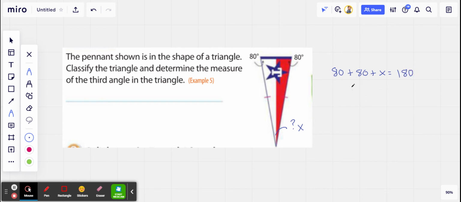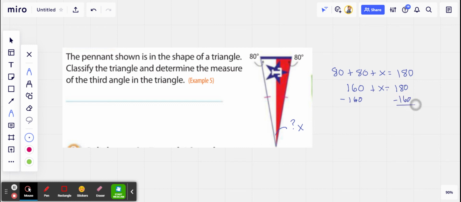Well, 80 plus 80 is 160, because 8 plus 8 is 16 and we just drop down the 0. So 160 plus x equals 180. If we subtract 160 on both sides, that'll leave us with x on the left side of the equal sign.